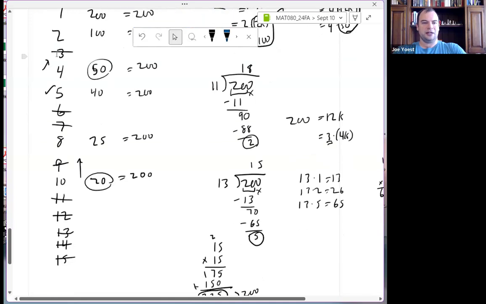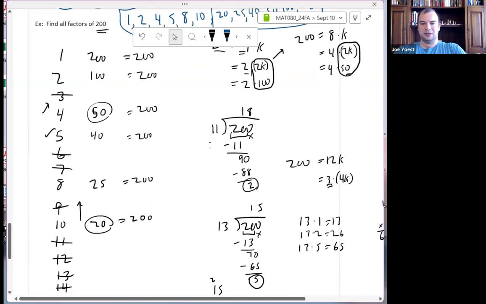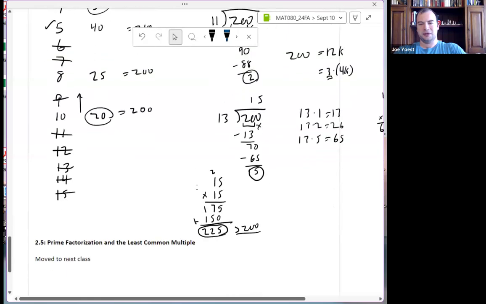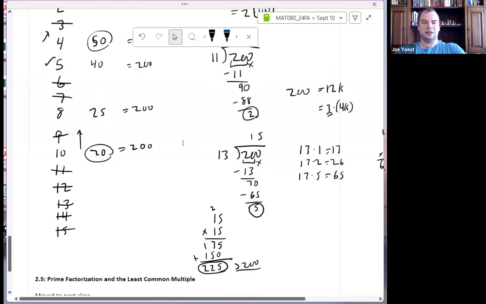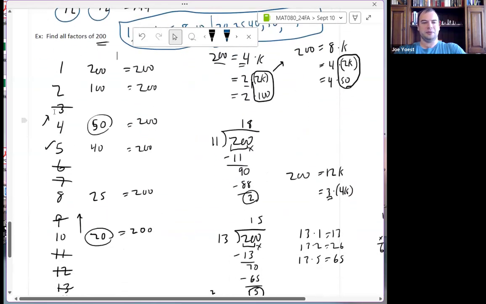But we did rely on the non-divisibility of 3 to knock out divisibility of things like 6 and 9 and 12 and 15 really quickly and easily. So being a bigger number, we had to inspect, like, say, divisibility by 13 that we didn't have to do for 144, but we also got to leverage the non-divisibility by 3. So each problem has its kind of pluses and minuses that you can take advantage of.